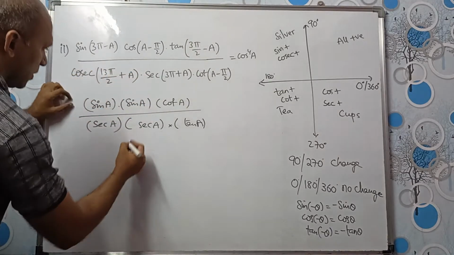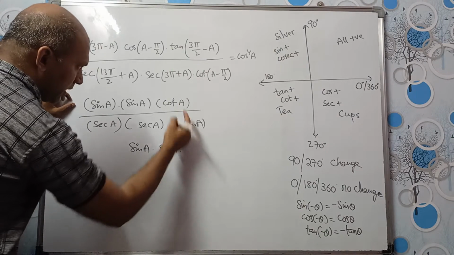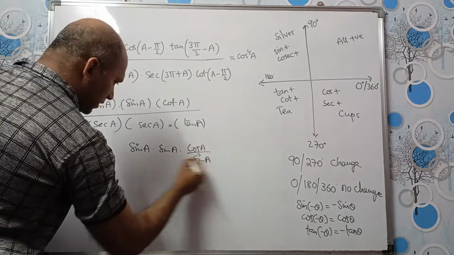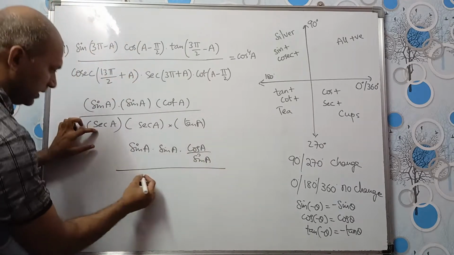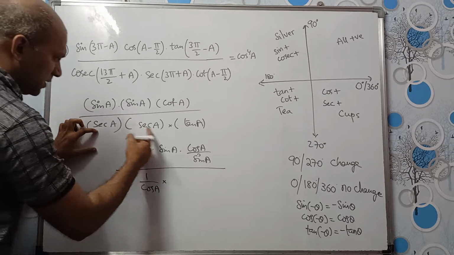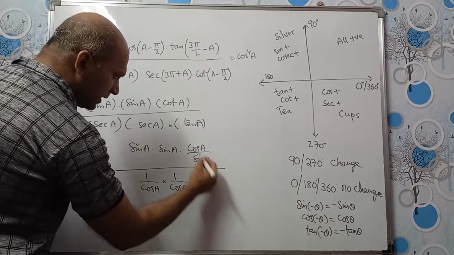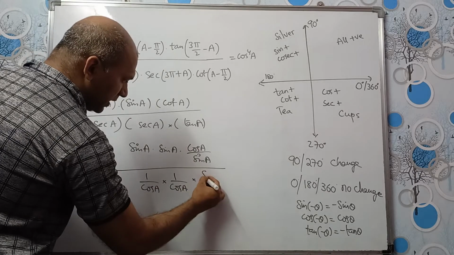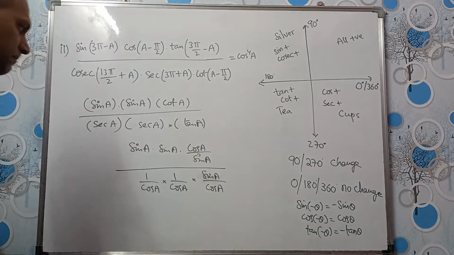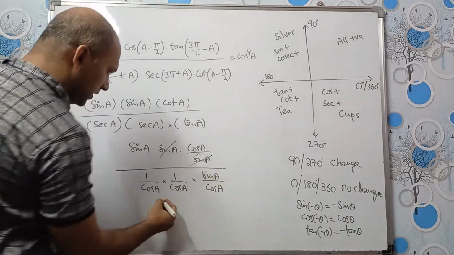Sine, and we have cot. Let us slowly simplify. Sine, and cot is cos by sine. Okay, whole divided by secant, which is 1 by cos, and tan is sine by cos. Okay, can we cancel one sine? Yes. So what is remaining now?